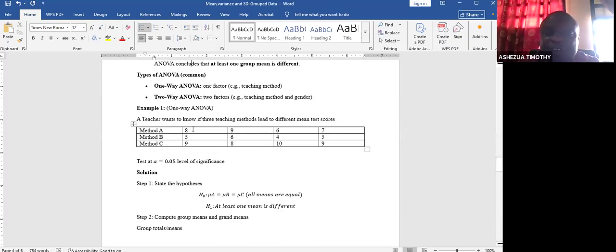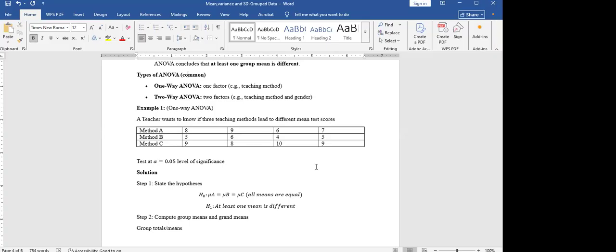You'll be counting like primary school children: 1, 2, 3, 4, 5, 6, 7, 8, 9, 10, 11, 12. So N is equal to 12. Is there anybody contesting why N is equal to 12? No, sir.